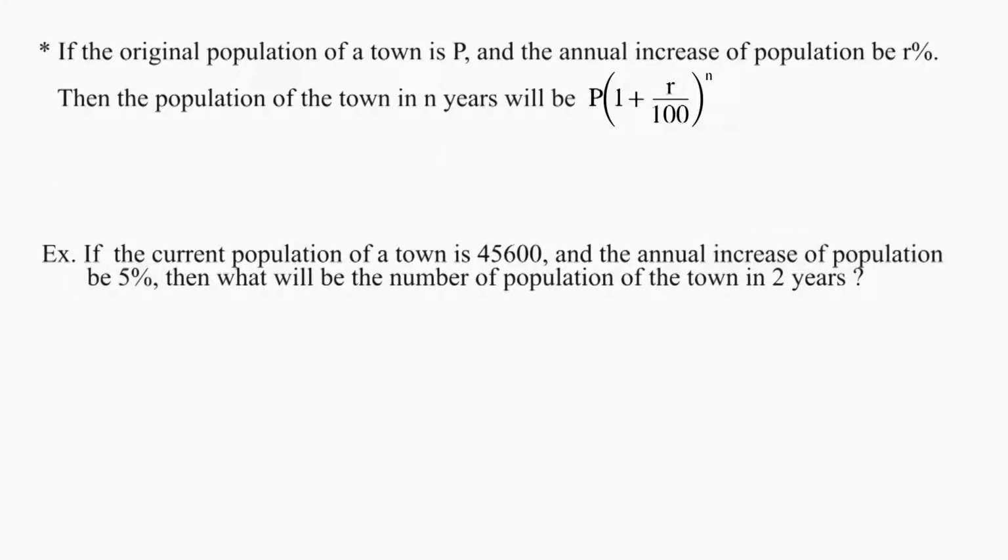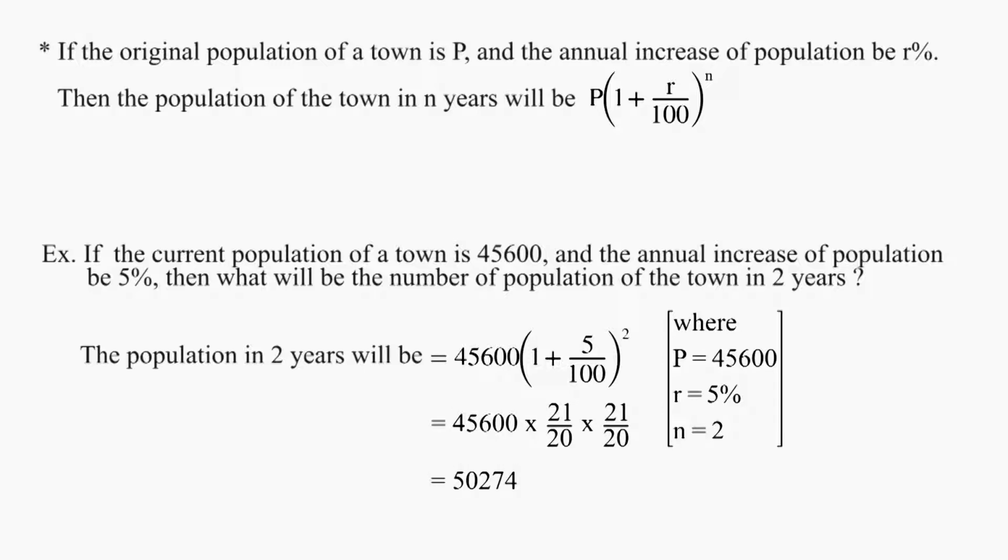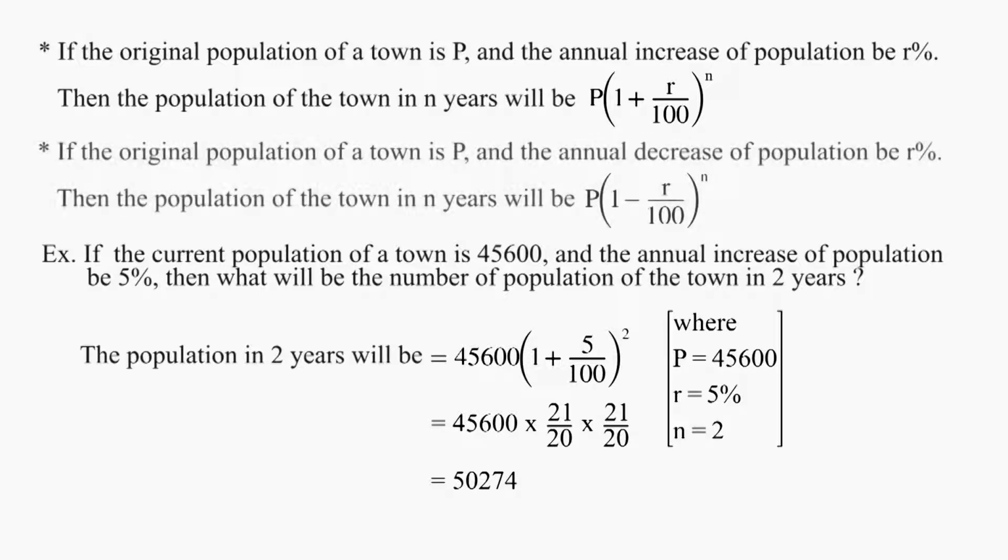So, according to the rule, the population in 2 years will be 45,600 into 1 plus 5 by 100 to the power of 2. On further simplification, we get the answer as 50,274. Similarly, we can apply case 2 of the above rule when the given population decreases annually.